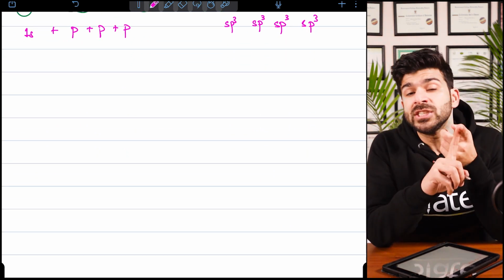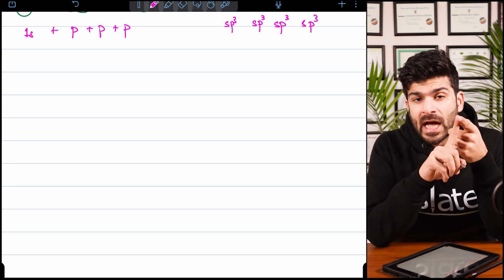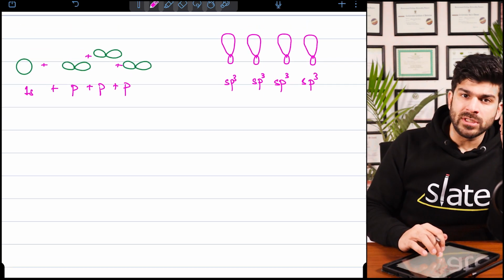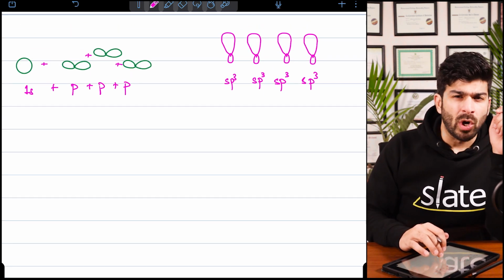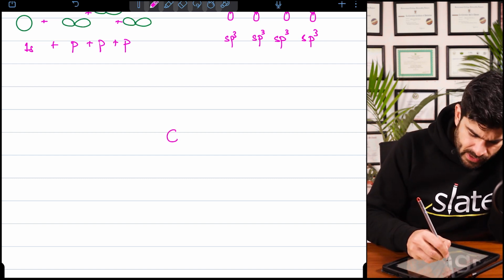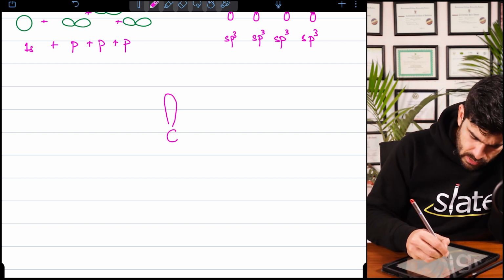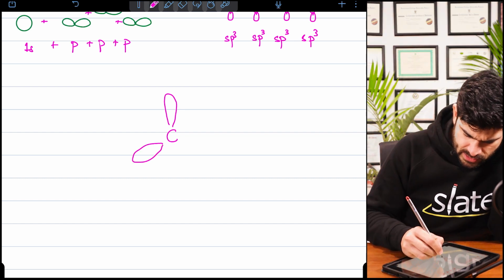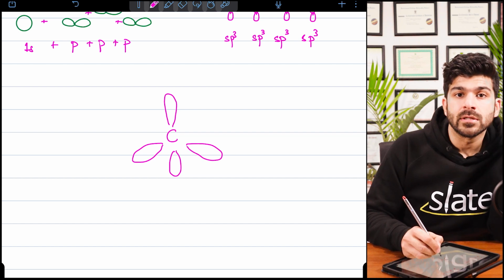We have studied that in the shapes of molecules, that we have 4 bonds and no lone pair. So what shall be the shape? Carbon will make this, this, this, and this.